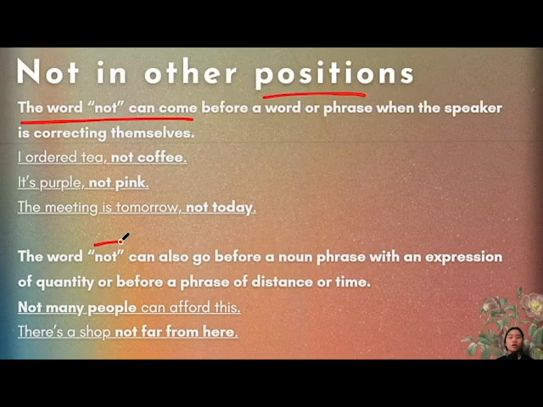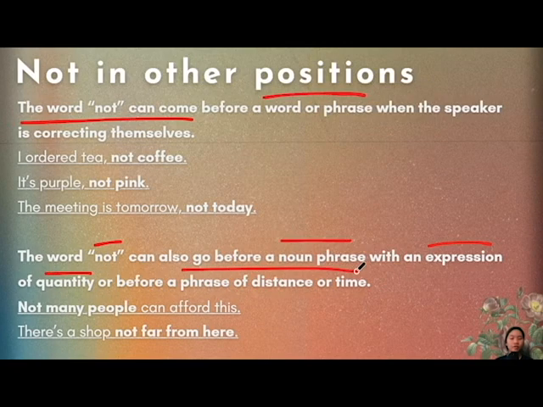The word not can also go before a noun phrase with an expression of quantity or before a phrase of distance or time. For example, not many people can afford this. So an expression of quantity: not many people, a lot of people, very few people, many more, multiple people.